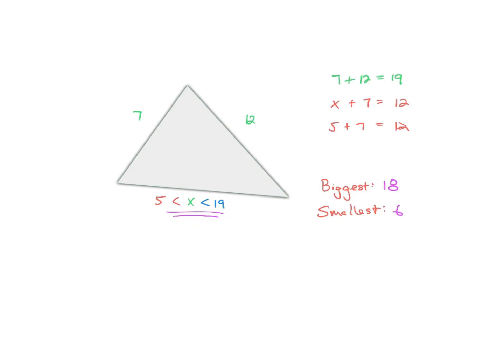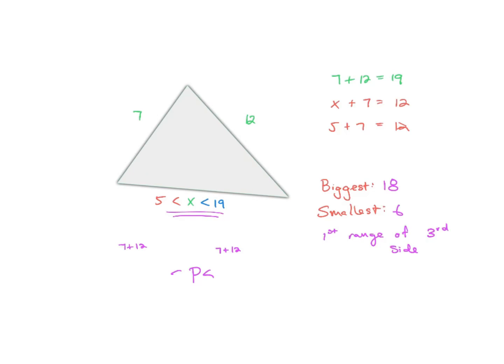Now I like to take this triangle and also look at the perimeter, because that's a good question to ask. Basically, what is the range of your perimeter? You know you have sides 7 and 12. So if you're looking for the range of the perimeter, first find the range of the third side, and then use that to create your range for perimeter.